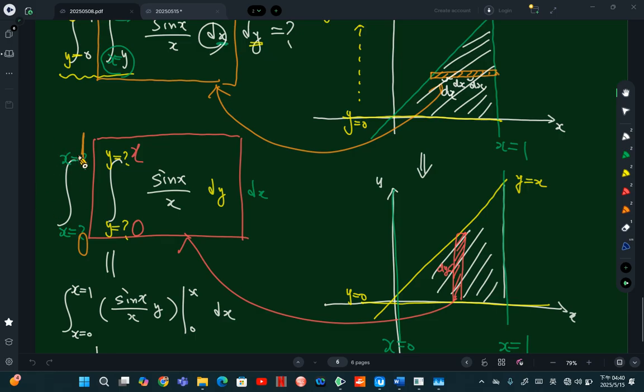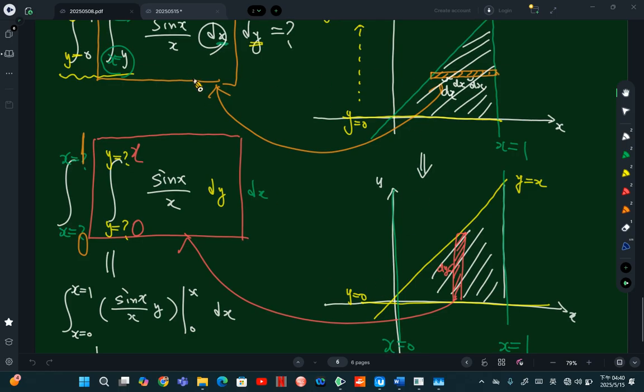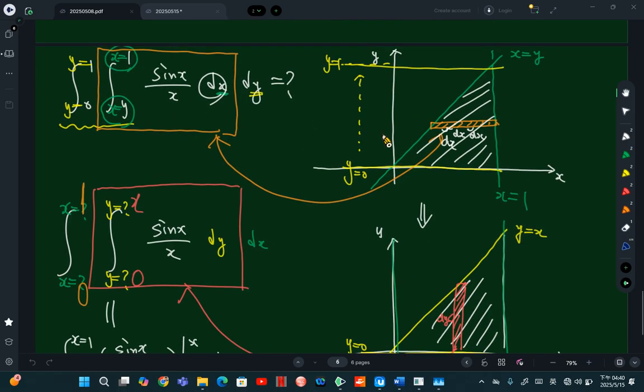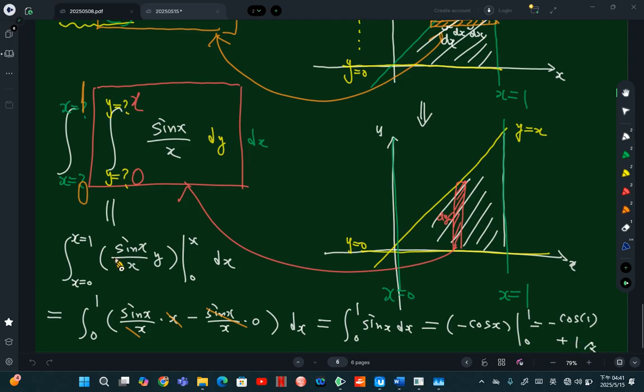It can make you easily understand the scope. After you convert from here, you can get this one. Then you can change the order to get this one, and finally reformulate the expression of the integration. Then it's easier for you to calculate the integration.